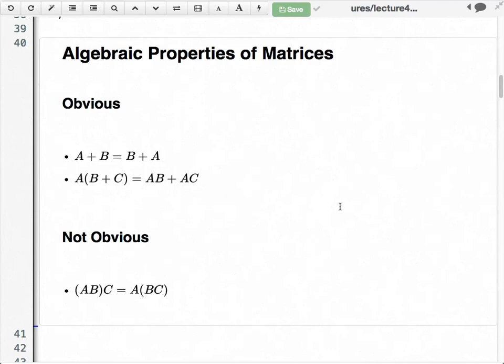It might be a pain to do the arithmetic, but if you did it, you would have a number right there, a number right here and a number right here. So when you take a matrix that has exactly one column and multiply it on the left by a matrix for which that makes sense, you end up with something with exactly one column. If you think of matrices with one column as vectors, then you can think of this as the matrix doing something to the vector.